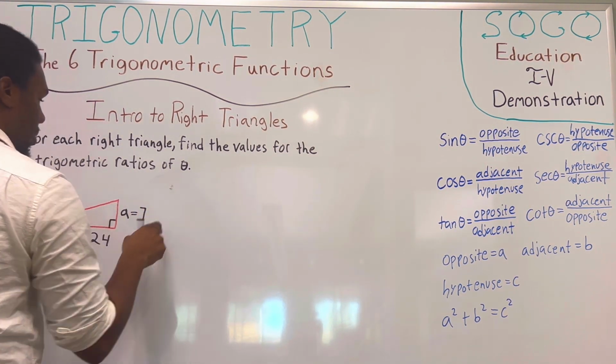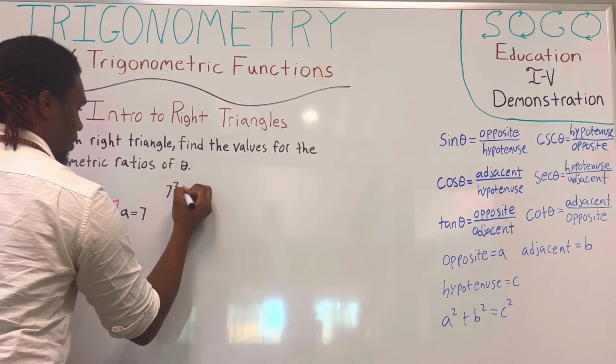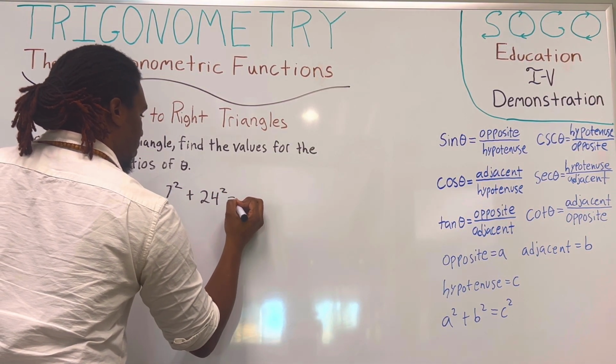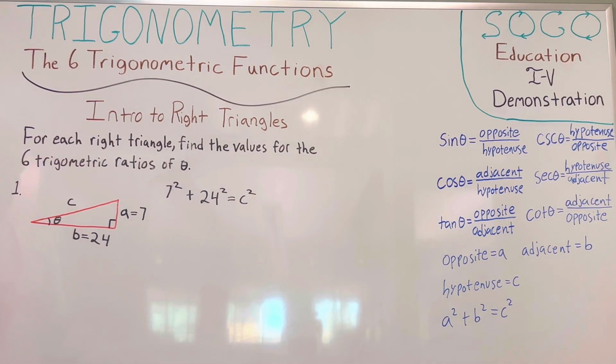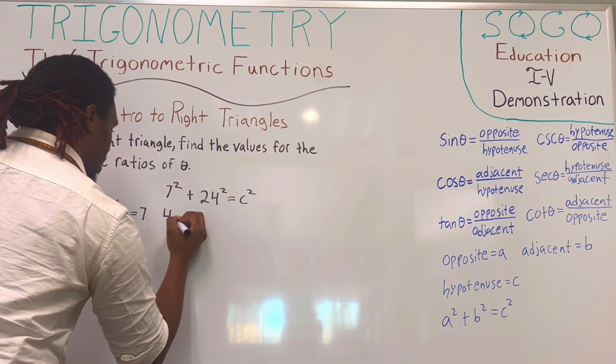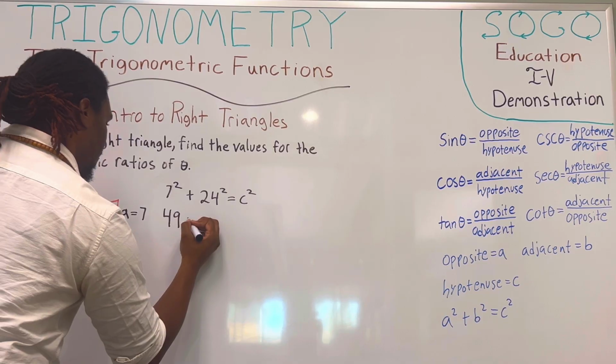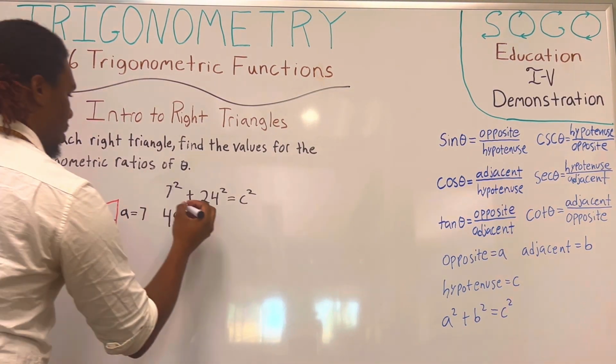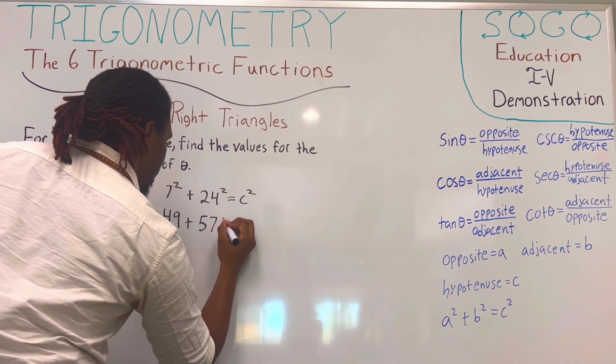A is equal to 7, right? So a squared would be 7 squared. B is equal to 24, so b squared would be 24 squared. Now 7 squared is 49, and 24 squared is 576.